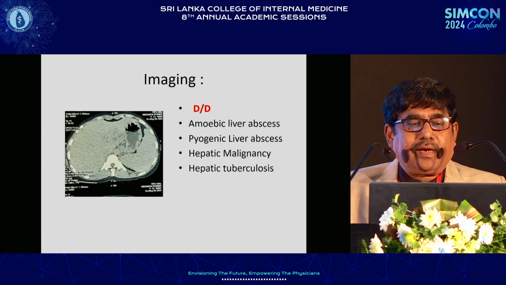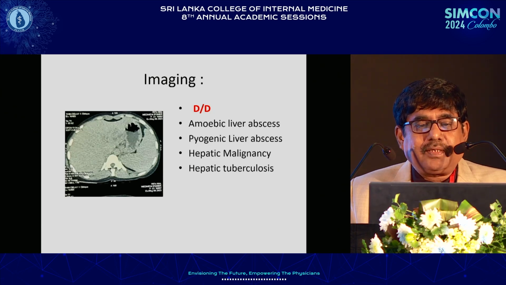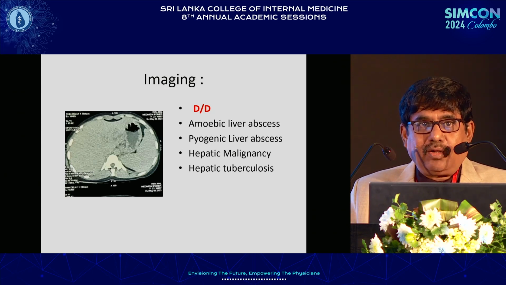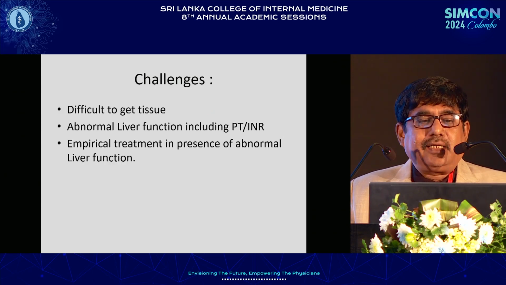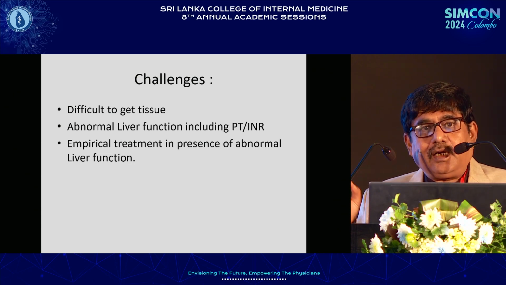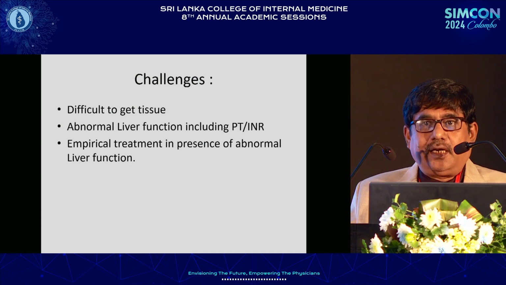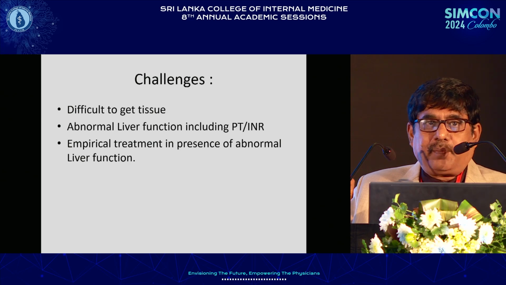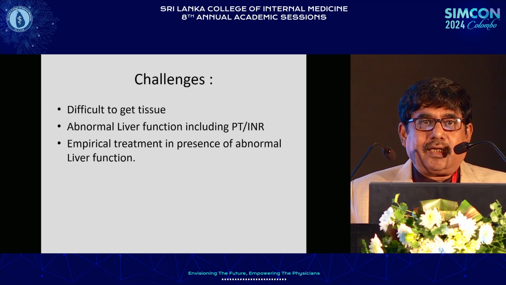It can be amoebic liver abscess, pyogenic liver abscess, hepatic malignancy or hepatic tuberculosis. So what is the challenge here? The challenge is the difficulty in getting tissue, because liver biopsy facility is not available apart from tertiary care centers, mostly in the primary and secondary care centers.